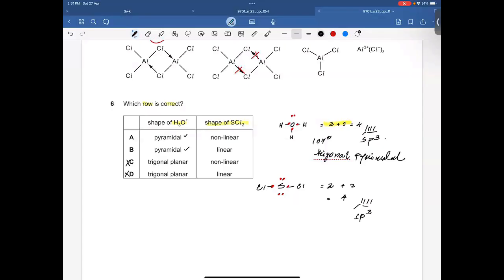Hybridization is going to be sp3. So if you have sp3 hybridization with 2 single bonds and 2 lone pairs, the angle is going to be 104.5 degrees, non-linear shape, bent shape, angular shape, or V-shaped geometry. All right. So non-linear. So right answer is going to be A.